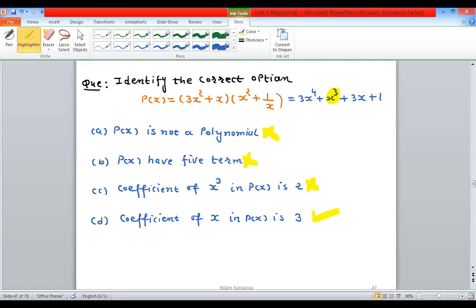For such types of questions, first perform any operation between the polynomials and simplify, and after that you can say how many terms it has, which power, what the degree is, and the coefficient. Okay, you got it? Any student have any question?